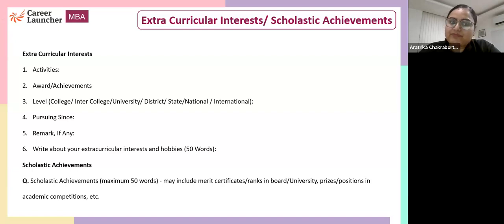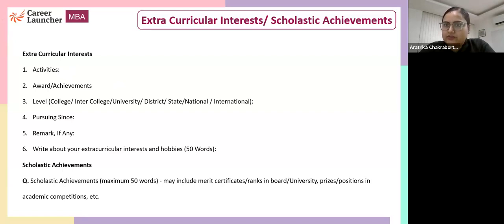Currently internships will be something related to academic competitions. So internships, not scholastic achievements, but you can include in the extracurricular activities as well, because it will not count as full time work experience, that is not a part of your acads. So there is no separate section as in internships now.